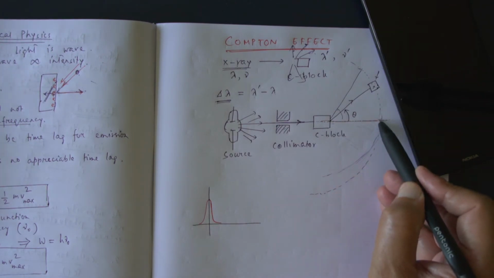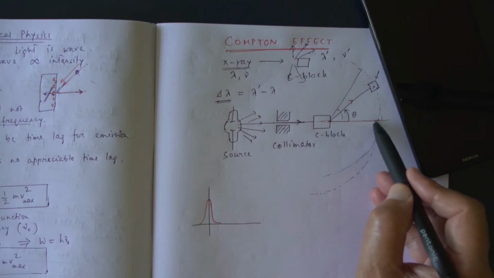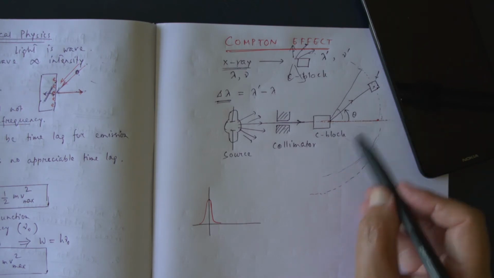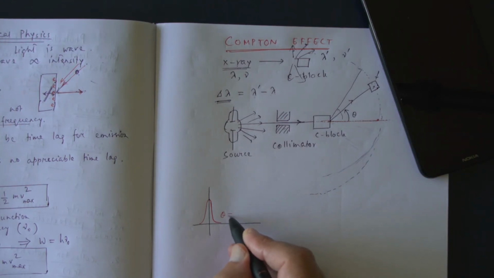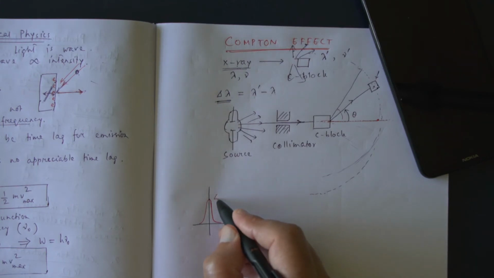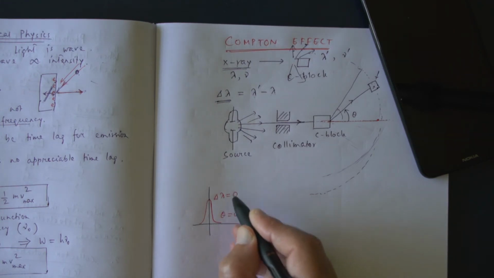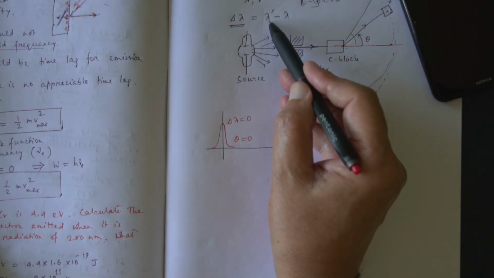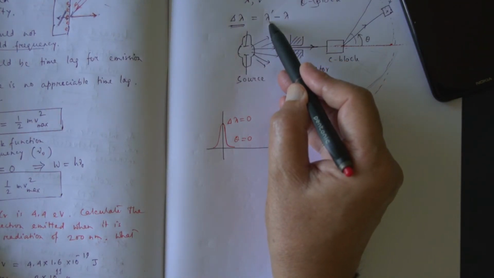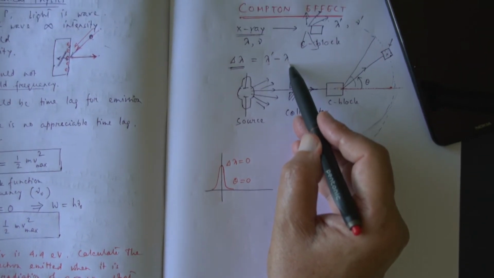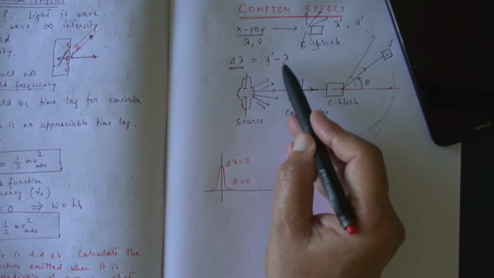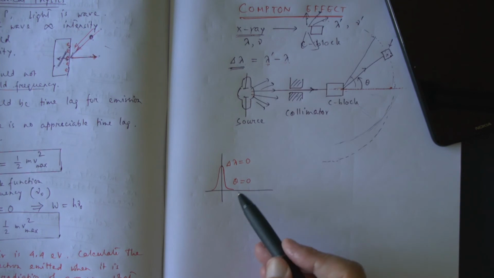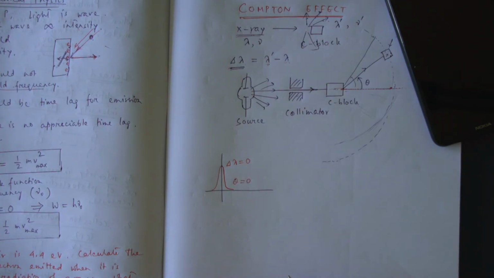The spectrometer is here. When theta is 0, it is found that del lambda is also 0. There is no difference between the scattered radiation wavelength and the incident radiation wavelength, so del lambda becomes 0.